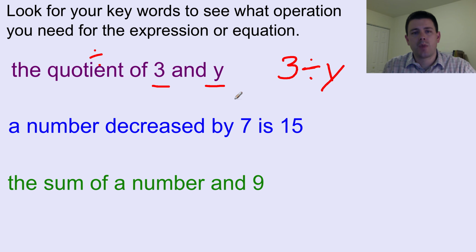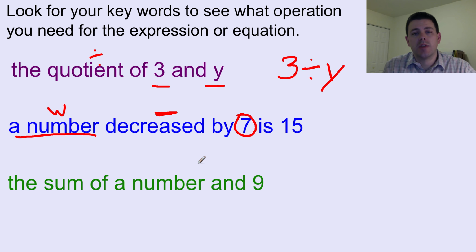Okay? So you're looking at that key word in there that tells you what kind of operation you're going to use in the problem. So next one, a number. Well, I don't know what that number is. So when you see a phrase like a number, that means that's your missing piece. That's your variable. So choose your favorite variable. I'm going to go with w. Then I have decreased by. If you look at your chart, decreased by is a way of saying we want to do some subtraction. We want to subtract by 7.